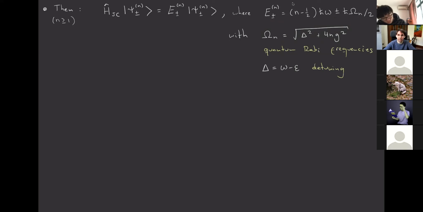And then concerning the eigenvectors, we get the following eigenvectors. It's also interesting to write them down.